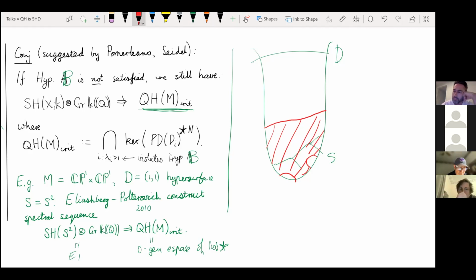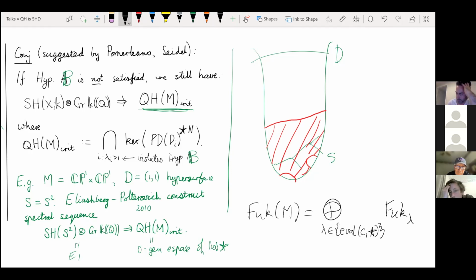So what you would expect, I guess, is that we know the Fukaya category splits up into these components indexed by eigenvalues of C1.